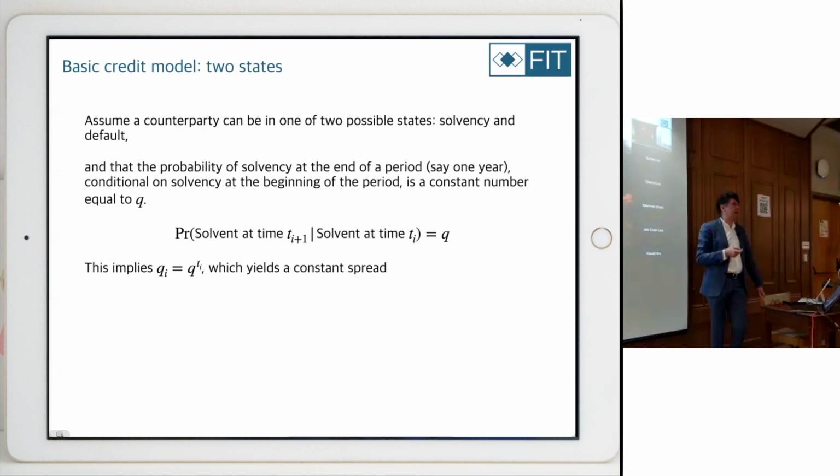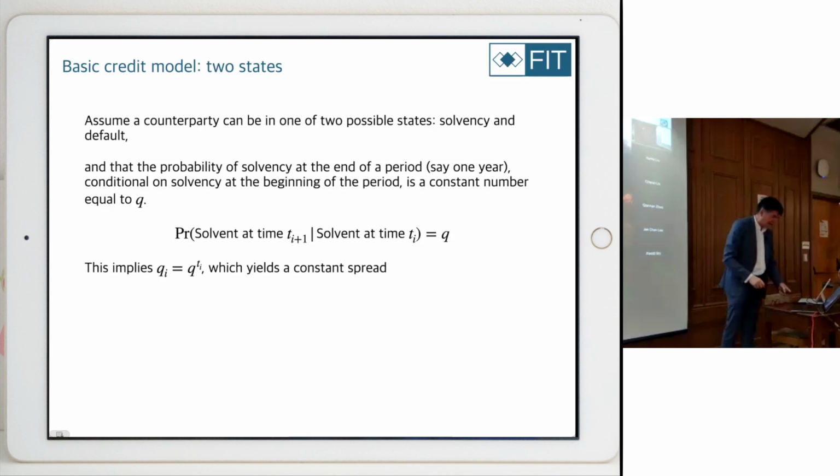What's the probability I get heads again, two heads, conditional I get heads the first time I flip it? The same, it's 50%. What's the probability that I get heads 2 times in a row? 25%, right? And it'll be 50% to the power whatever. So because of that, at time t sub i, the probability that I'm solvent is Q to the power t sub i, if the probability is the same. Right?